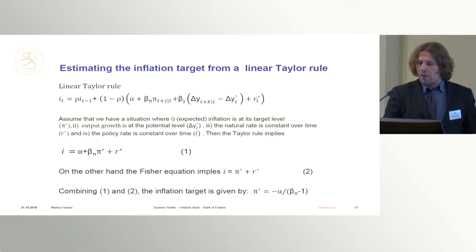It's the intercept divided by the coefficient of inflation minus 1.